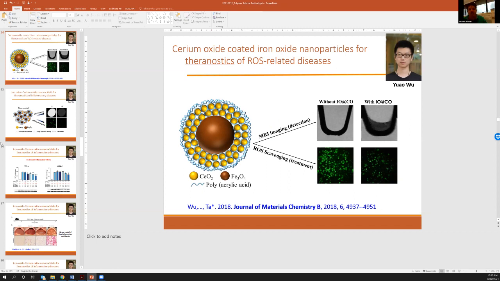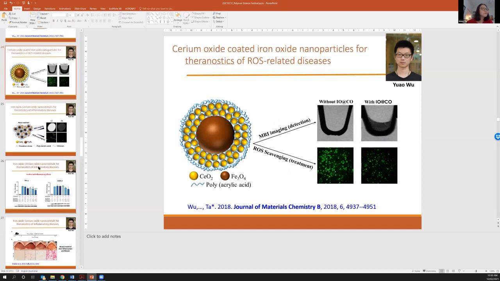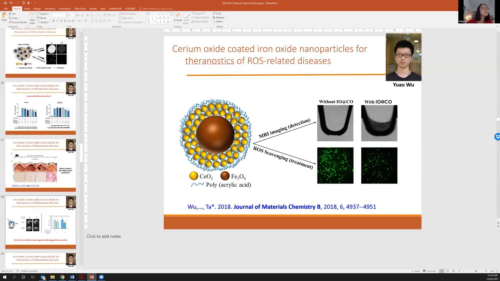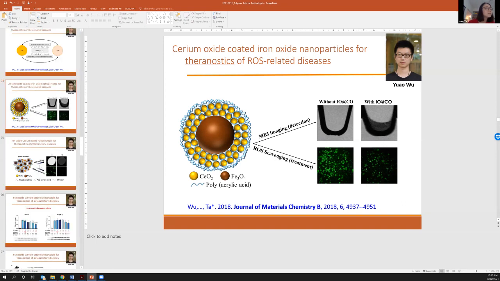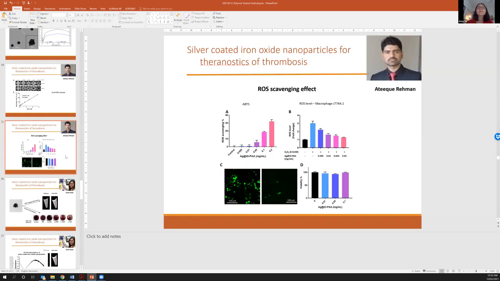With most of the systems, I don't think the particles quench the fluorescence, because we do have an experiment on that. Let me show. Yep. So here, this I definitely agree with. Silver's not going to quench it. I was just more wondering about the cerium particles themselves, because the cerium itself should lead to some quenching of the fluorescence. It might just be something that you need to consider at some stage as well.